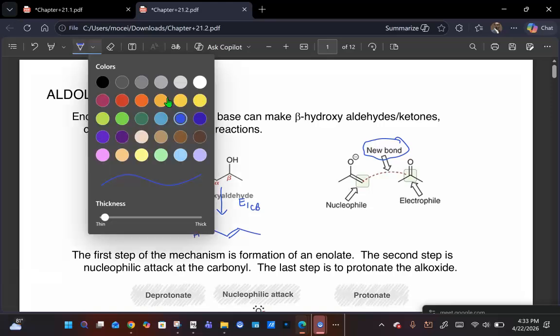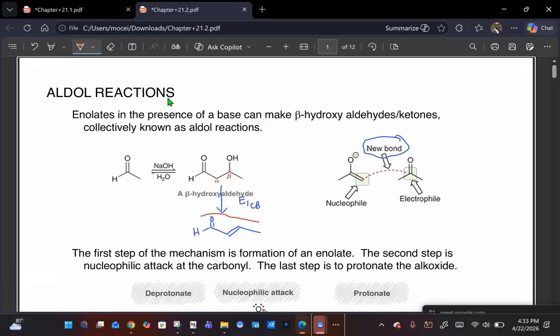So you see, you have the alpha beta. Now this can happen to an aldehyde or a ketone. So this is alpha beta unsaturated aldehyde. So I'll be very keen to make sure that you're only doing aldol using aldehydes and ketones. There's aldol with esters, but it's beyond your scope.